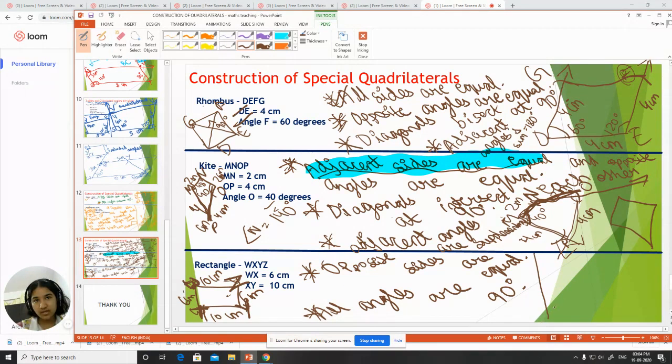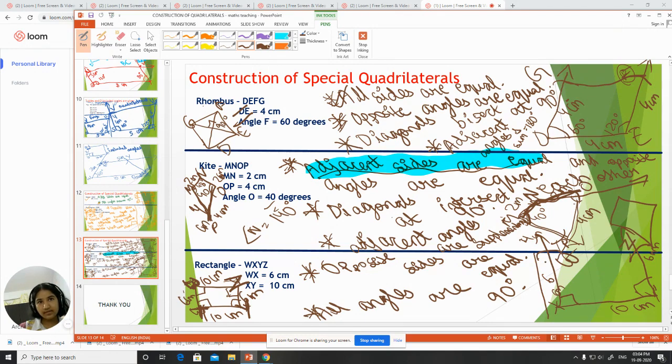we have to just start with our base, which is X and Y. We know its measurement. It's nothing but 10 centimeters. We know these are all 90 degrees. What's X? 90. So we'll draw a line at 90 degrees. At Y we'll also draw a line at 90 degrees. X to W is 6 centimeters. We'll cut an arc at 6 and this will be W. Y to Z is 6 centimeters, so we'll cut an arc at 6.